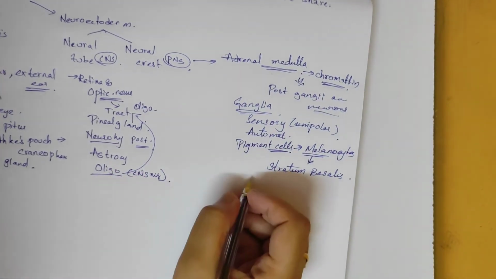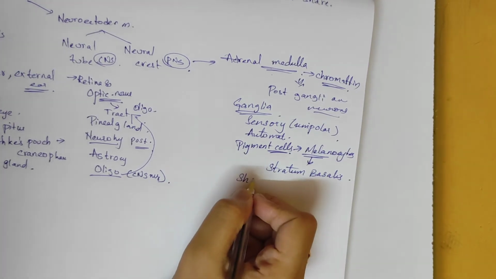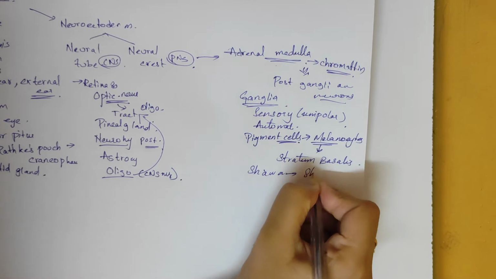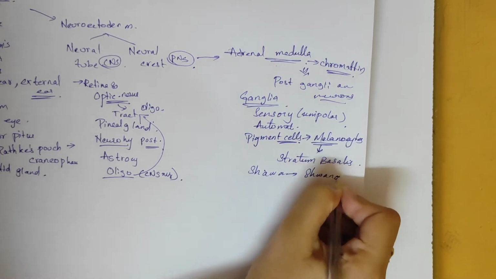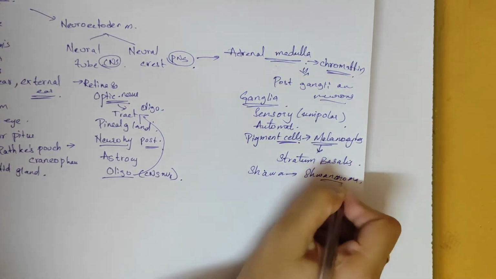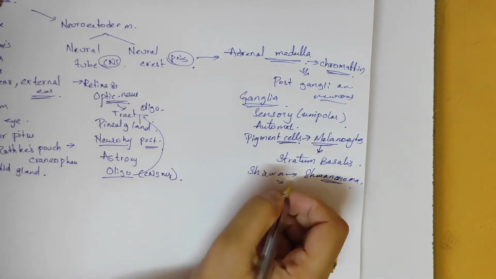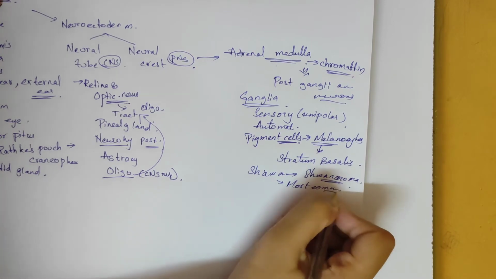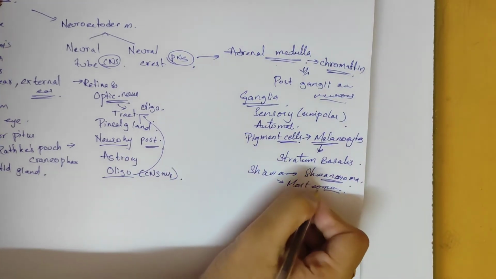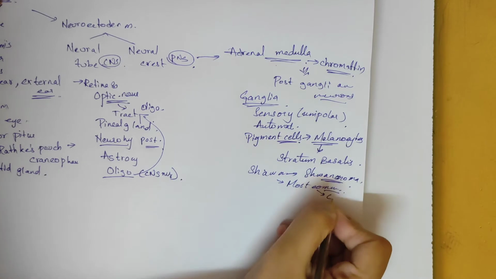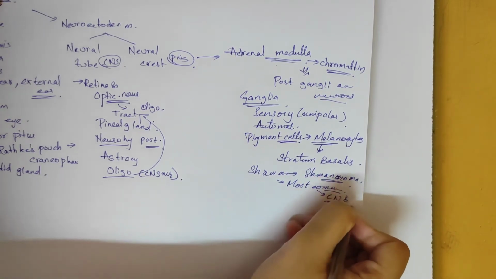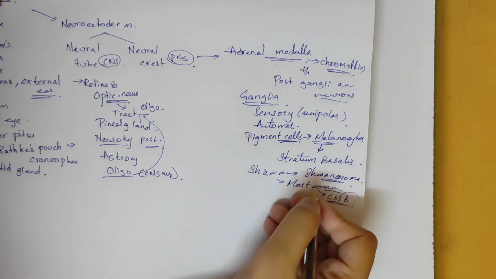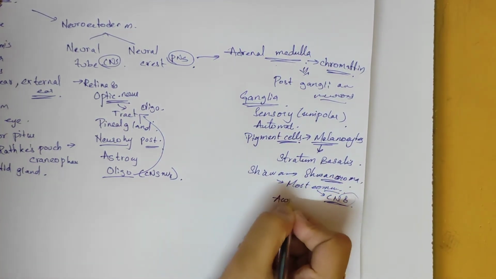And also Schwann cells. Schwann cells cause schwannoma. I already told this, but what is the most common type? Most commonly it occurs in cranial nerve 8, the vestibulocochlear nerve. So we can guess, this is acoustic schwannoma.